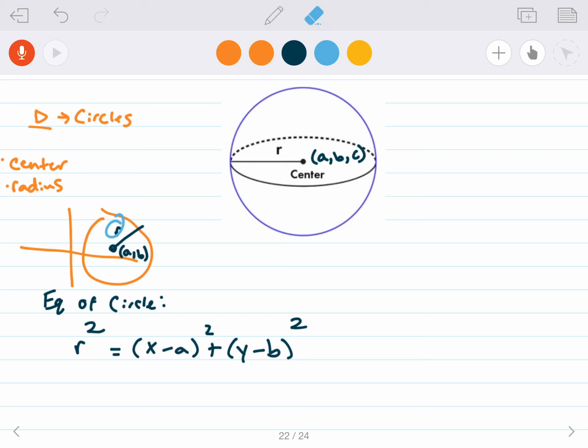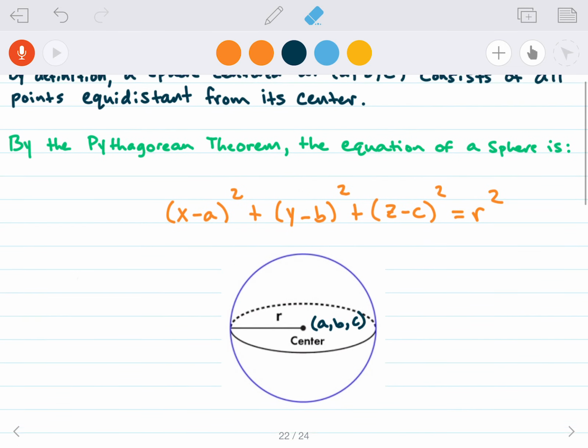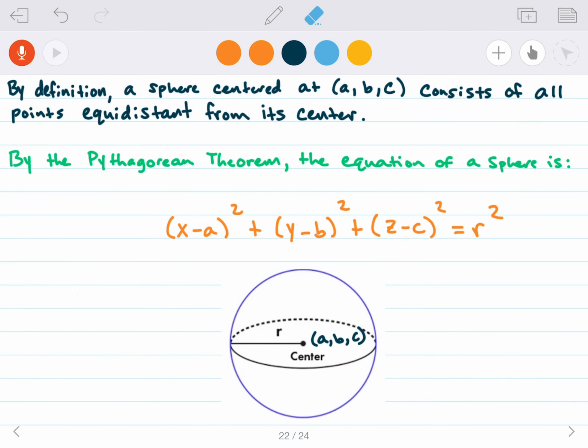Okay, so let's go ahead and take a look at this. And notice that all we're doing is using the Pythagorean theorem in 3 dimensions here.